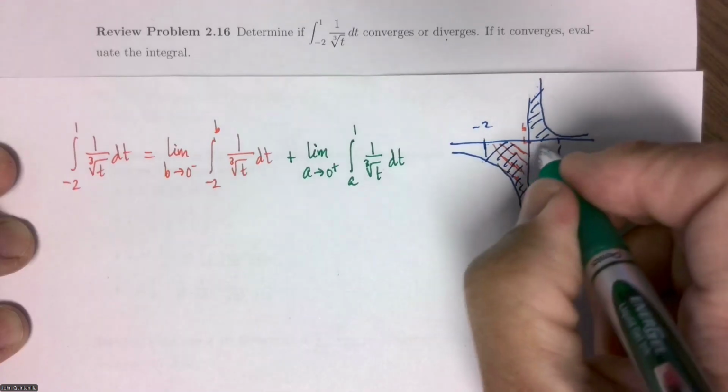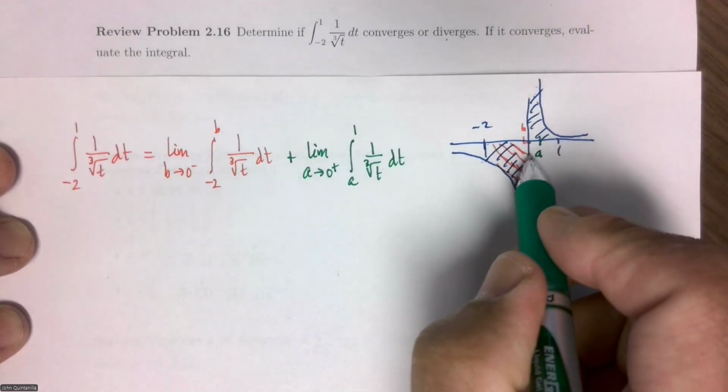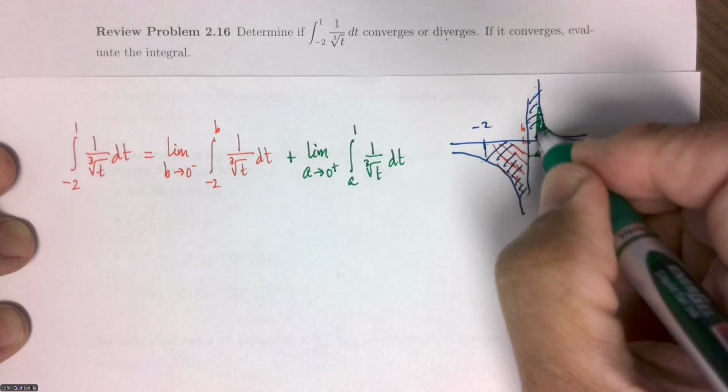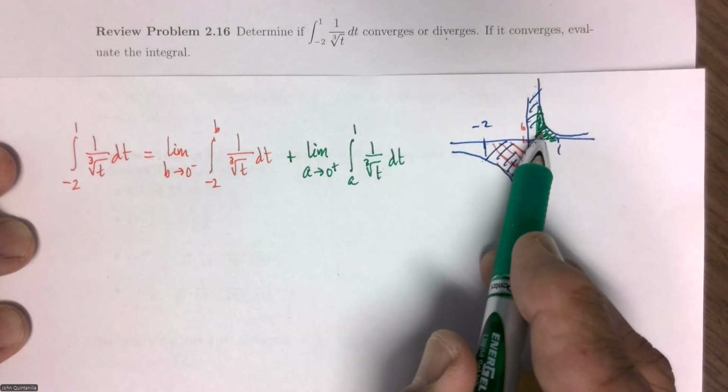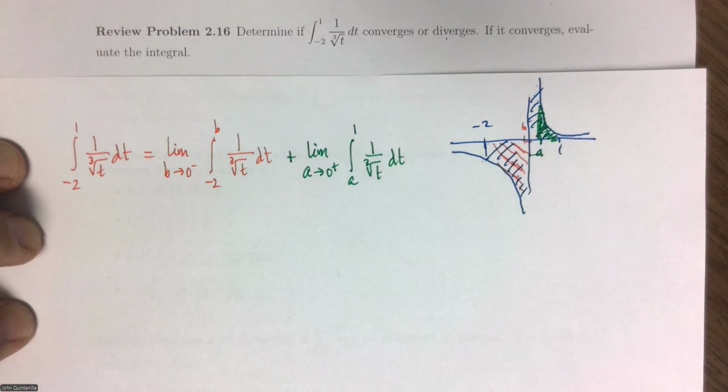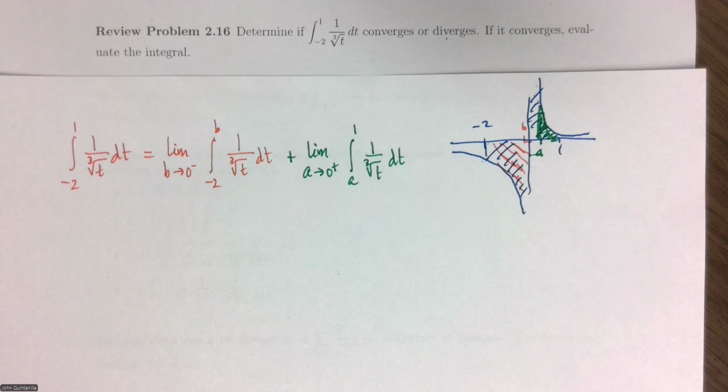So there's an a here. This a is going to get closer and closer to 0. And so I will find the area here that I'm highlighting in green and let the area in green get closer and closer to the y-axis. So I have two separate limits that I have to figure out.